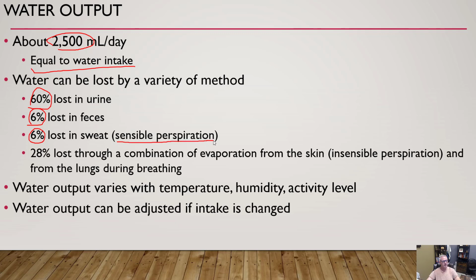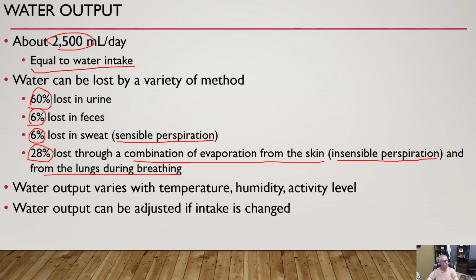We call that sensible perspiration, because even though we might not be doing anything, we're still going to sweat. But 28% is going to be lost through evaporation from the skin, called insensible perspiration, or from the lungs during breathing.